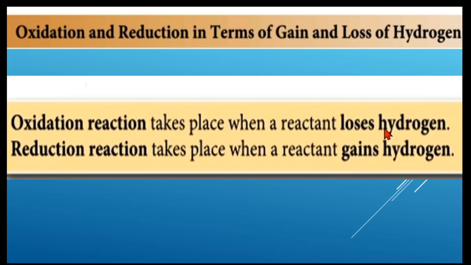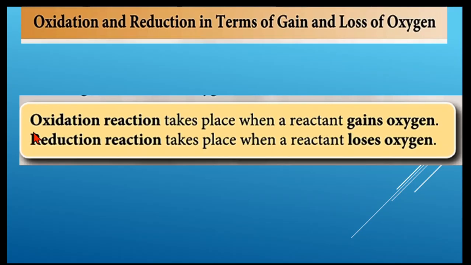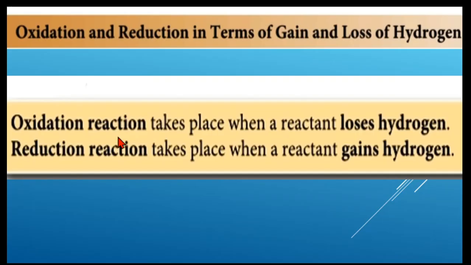Kali ini dia loses hydrogen, kehilangan hydrogen, oxidation. Dia berbeza dengan tadi. Tadi oxidation, gain oxygen. Tapi di sini oxidation loses hydrogen. Ingat terbalik. Manakala reduction adalah when the reactant gains hydrogen.